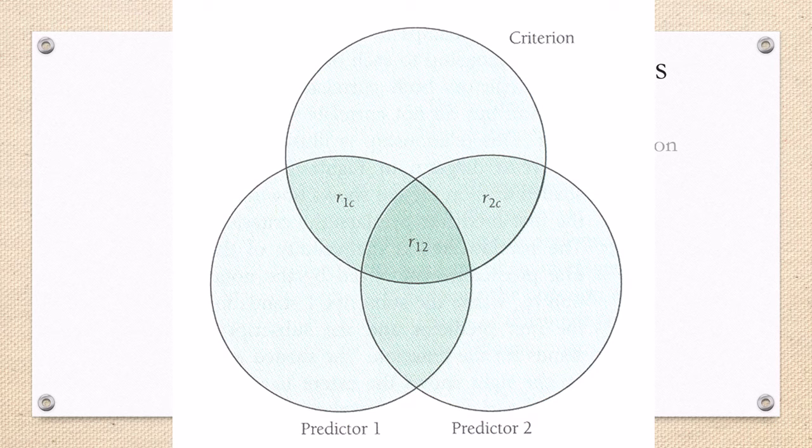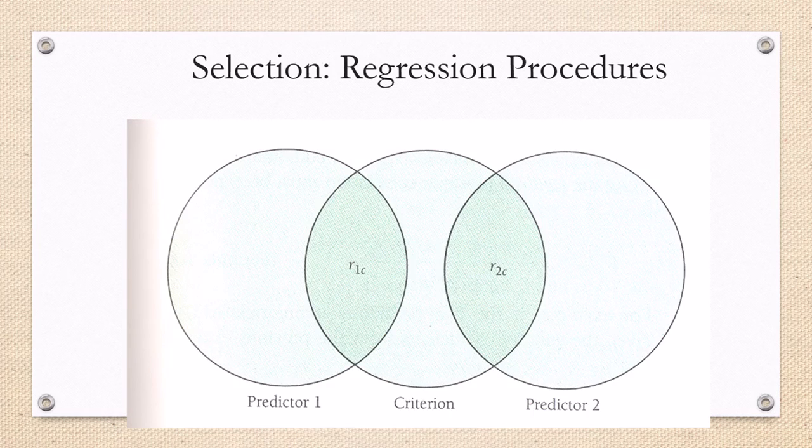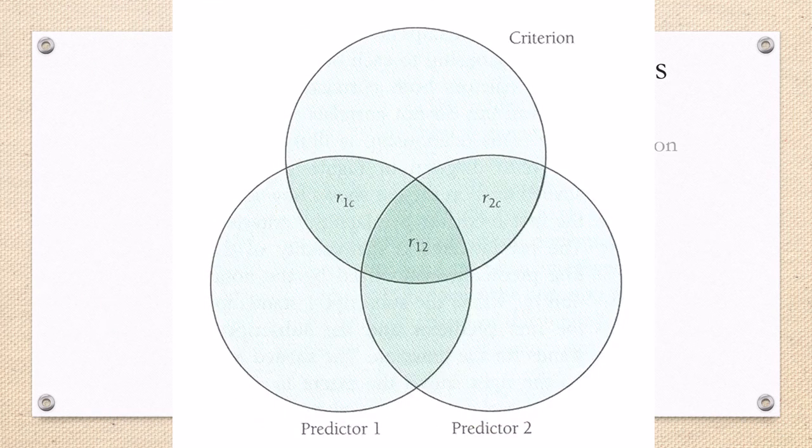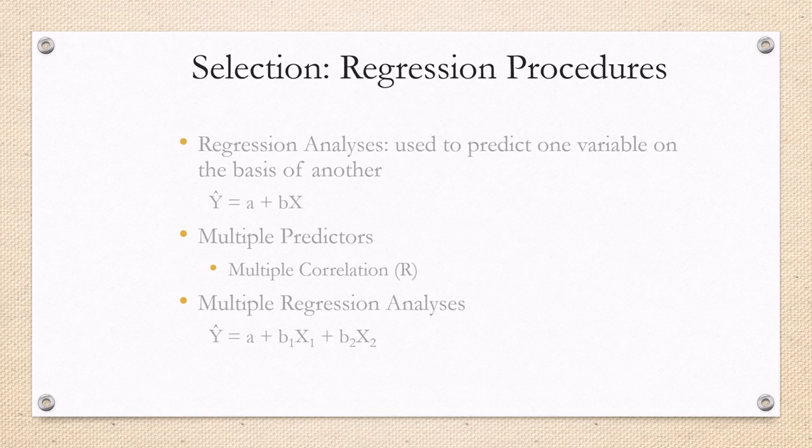And that would be demonstrated here by the overlap area of all three circles. As you can see, the unshaded portion of the criterion is much larger here than it was with two predictors that are not related to each other.